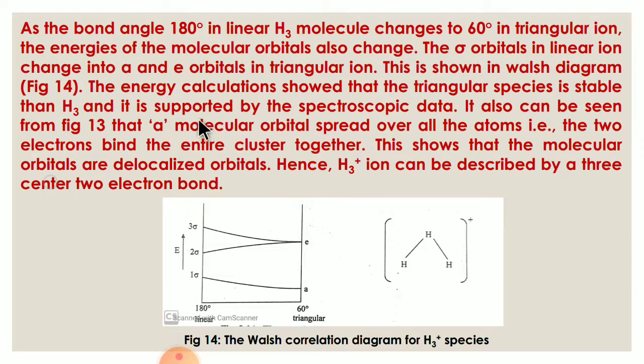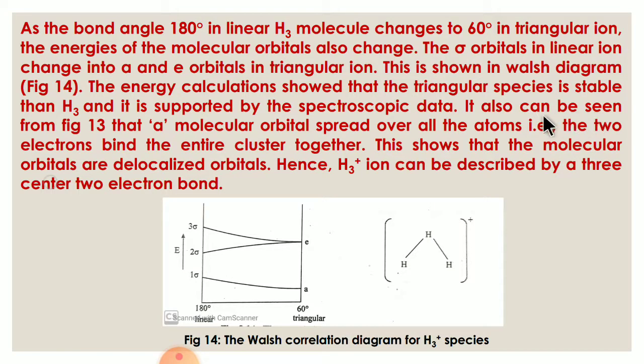The energy calculation showed that the triangular species is stable. How? Because it has less energy as compared to linear. So it is supported by the spectroscopic data.